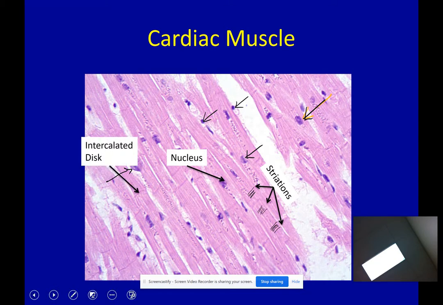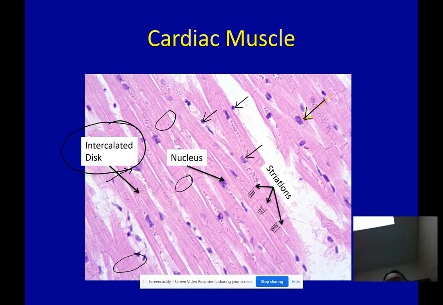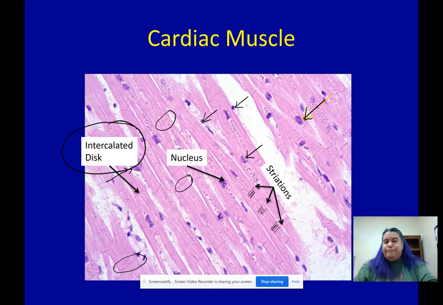But you also see these stripes here that are actually darker than the other stripes that you've seen. These are called intercalated discs. Your heart has to contract in a really specific pattern.